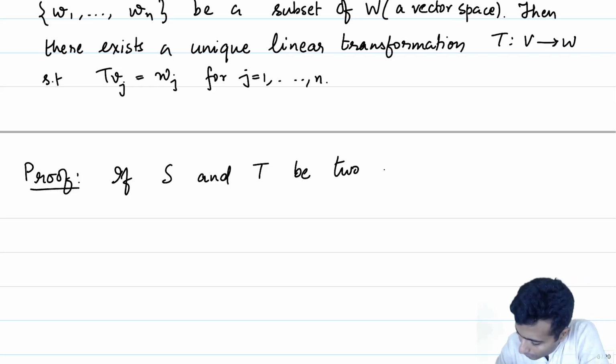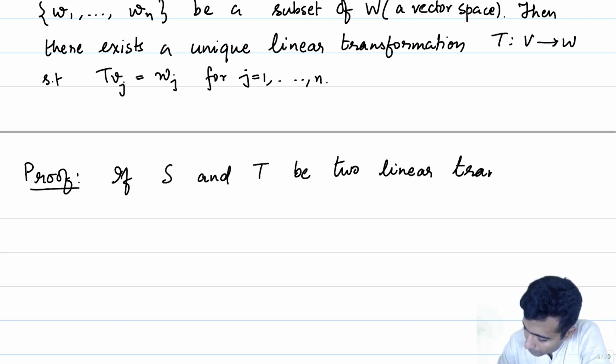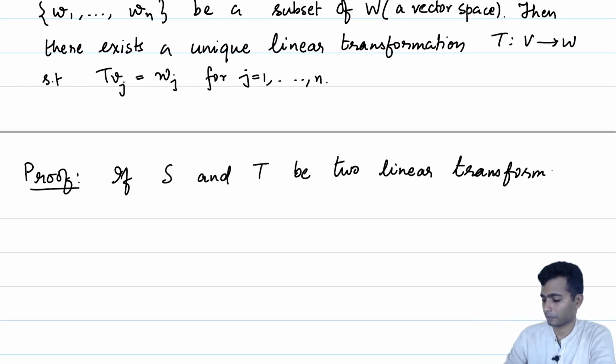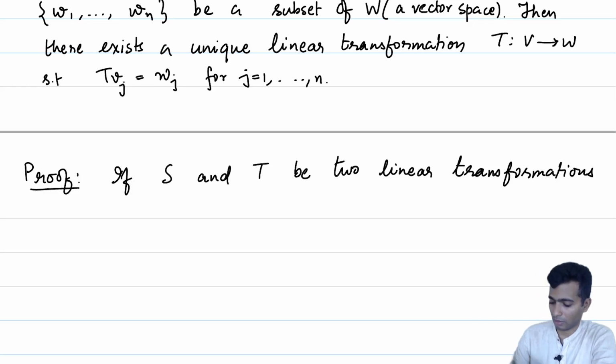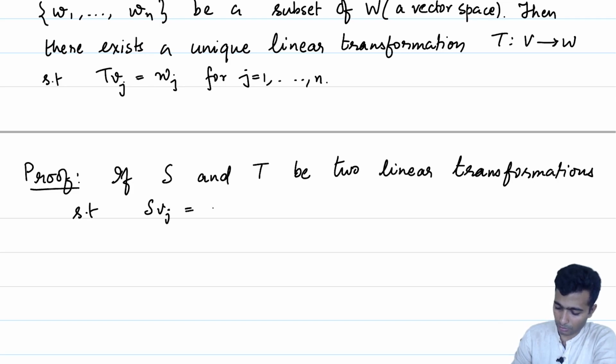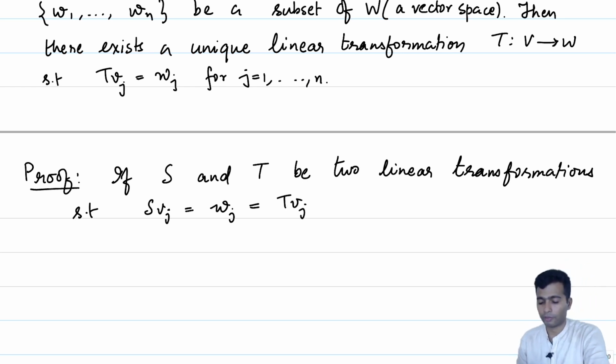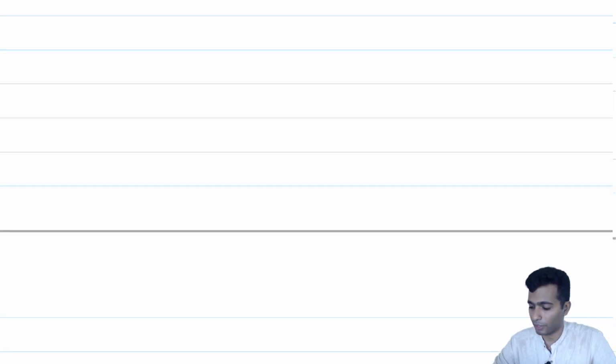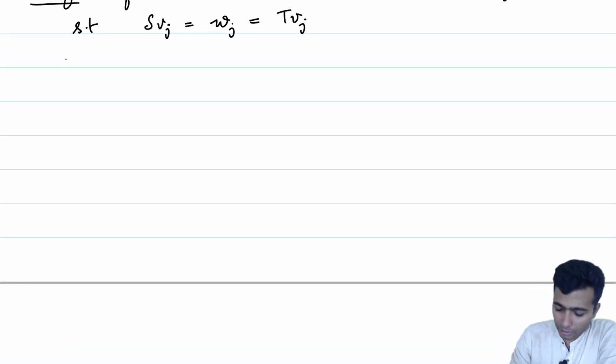So let S and T be two linear transformations such that S of Vj is equal to Wj, which is equal to T of Vj. We will show that for every vector V in capital V, S of V is equal to T of V. So let V be an arbitrary vector in capital V.